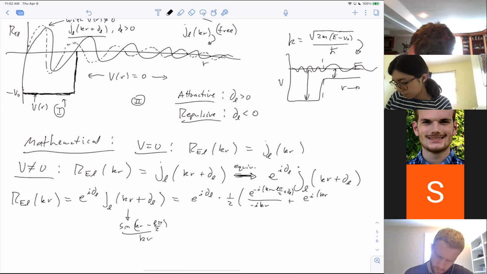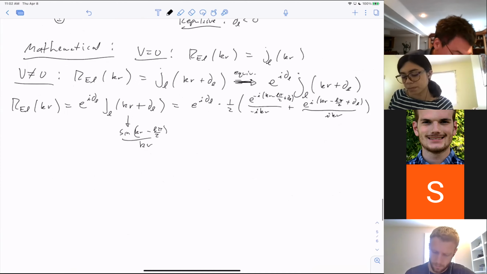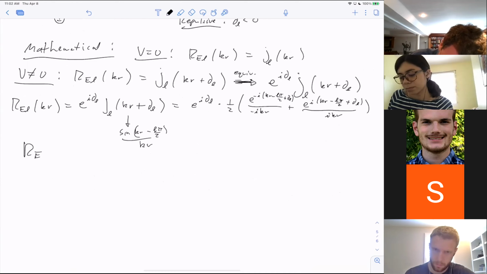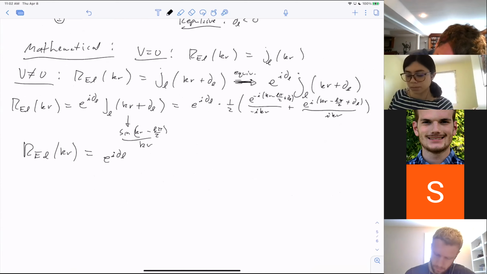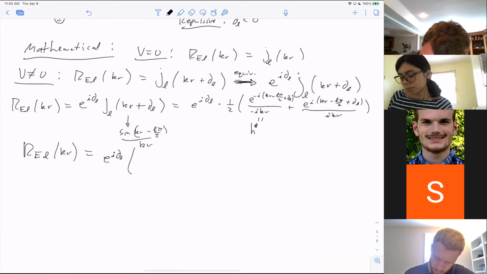Plus delta L, kr minus L pi over 2 plus delta L, over i kr. So I'm just expanding the Bessel function out, but then I can see that this is equivalent to e to the i delta L times this guy, which is H star, the Hankel function complex conjugate.